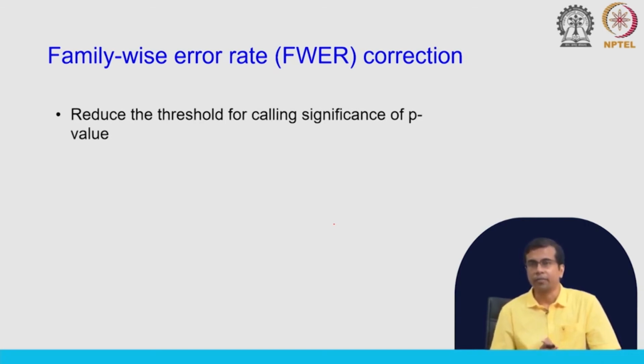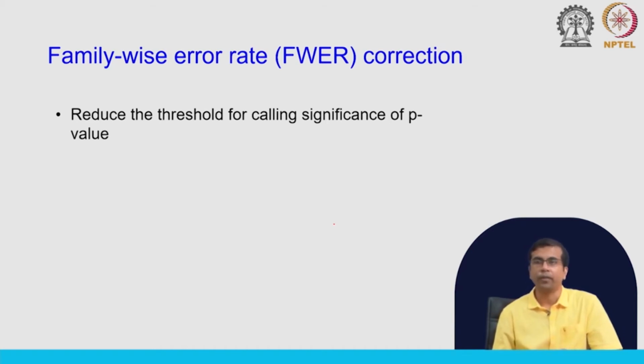Instead of setting the threshold to alpha for each statistical test, can we reduce the threshold for calling significance? Because we are doing 1000 statistical tests, and if we keep the alpha at 0.05, we increase the number of false positives. But then can we reduce this alpha threshold? Instead of keeping it 0.05, can we make it lower, 0.01, 0.001 or even lower?